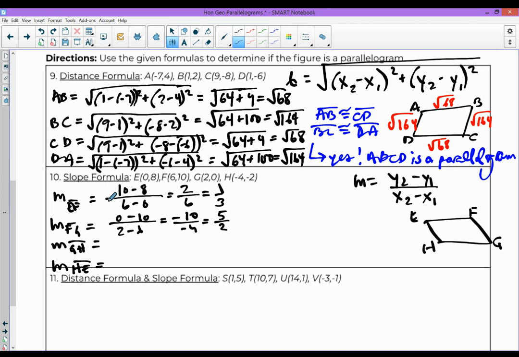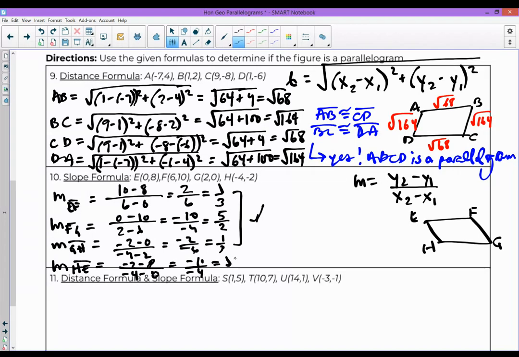And let's see if GH is parallel. GH, so that's -2 minus 0 over -4 minus 2. So it's -2 over -6, which is 1/3. So far, so good. Let's see what the slope of segment HE is. So -2 minus 8, over -4 minus 0. -10 over -4.